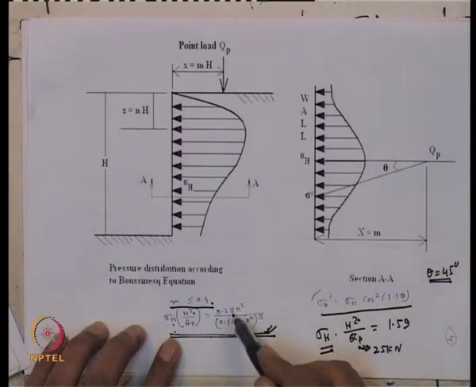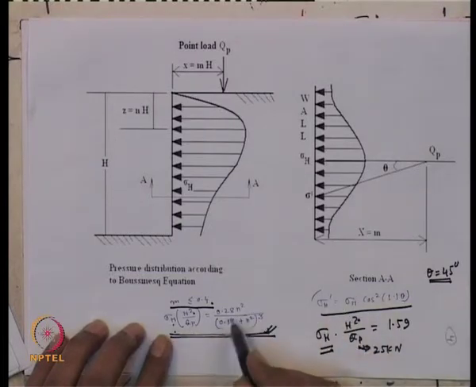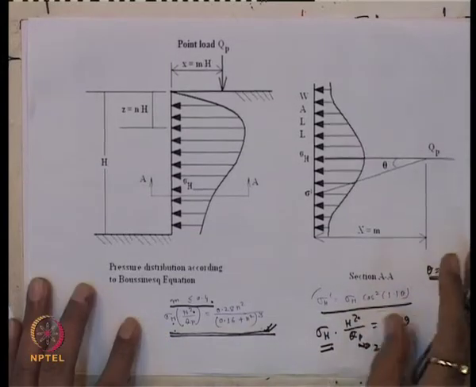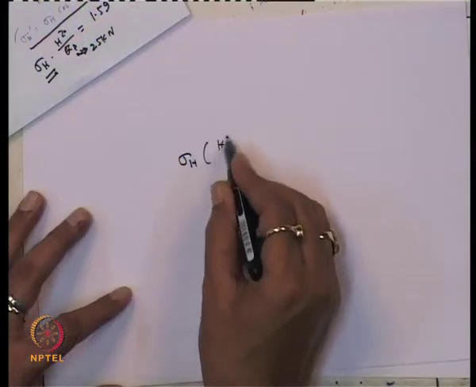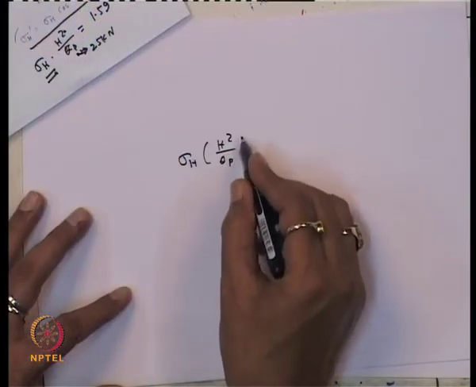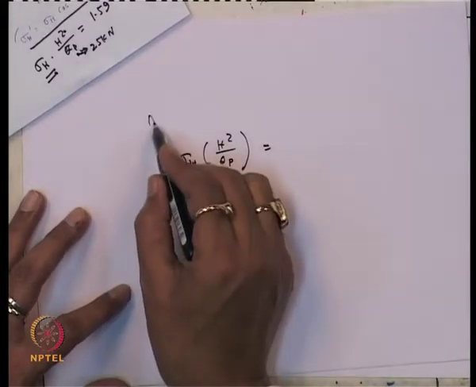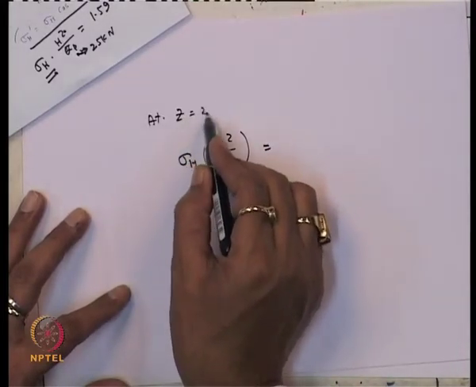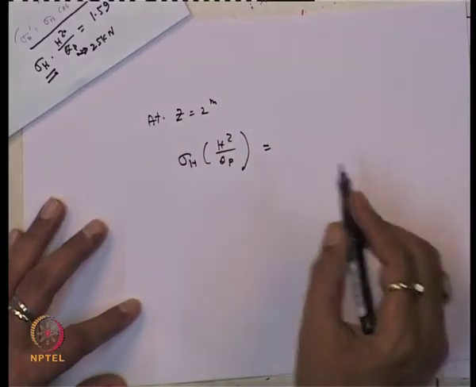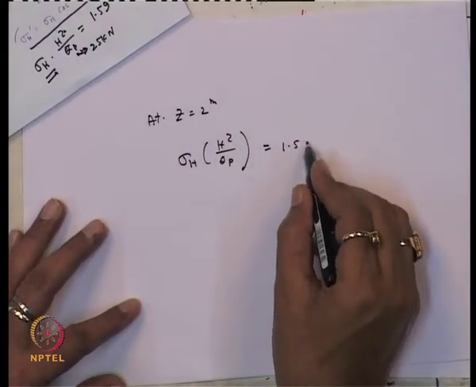Let us say at a depth of 2 meter, this value is equal to 1.59.